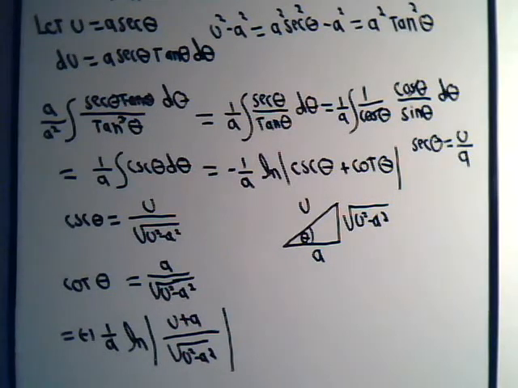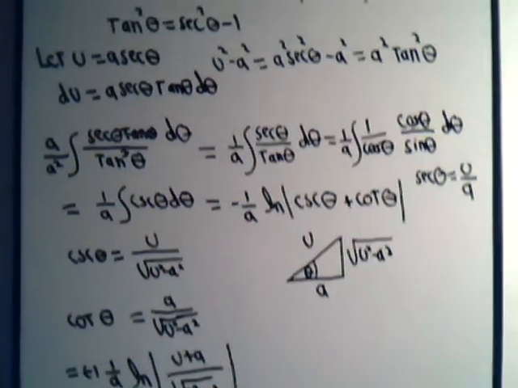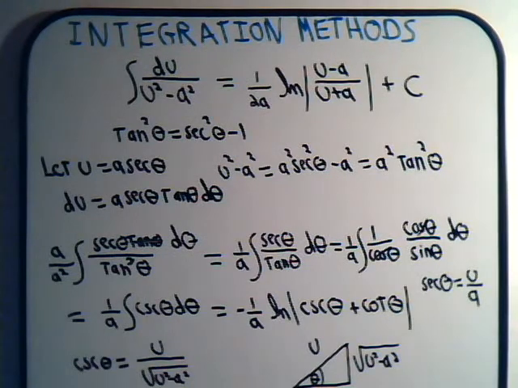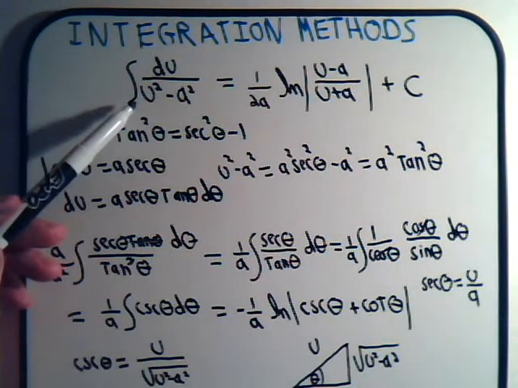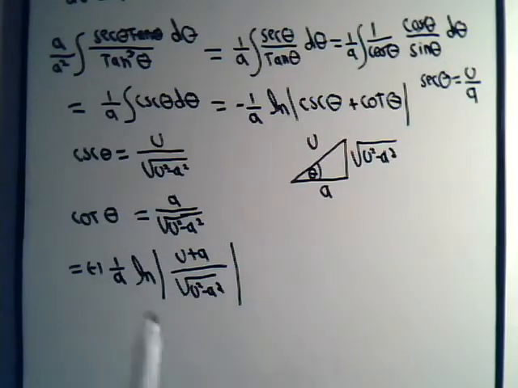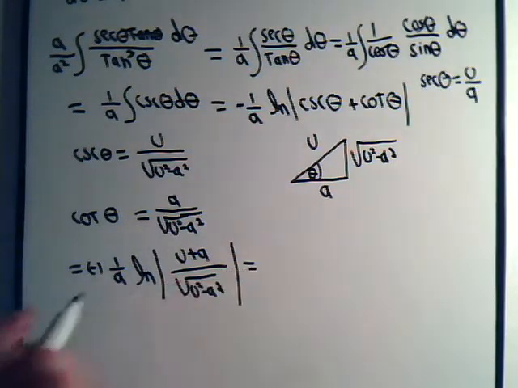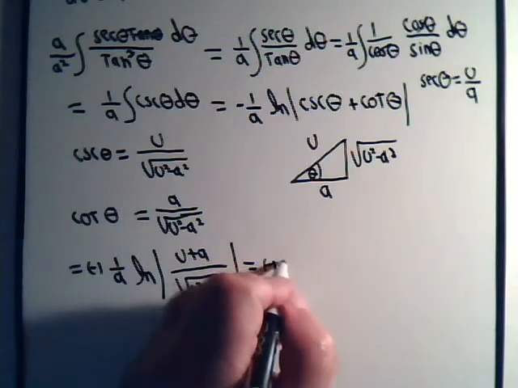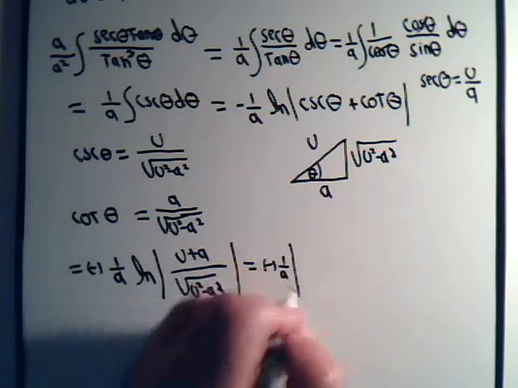Alright, so now we're saying that this integral here is equal to this. And it looks like we can do some manipulations with this if we're so inclined. Let's see, here we have the difference of two squares.